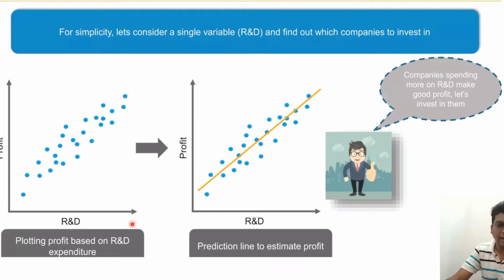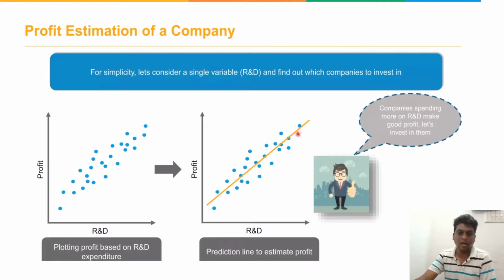Here we can find that a company having very good research and development can make a good profit. So an investor can identify that we can invest in those companies having high profit in their research and development. The regression line can be drawn with the help of the profit made by the company.